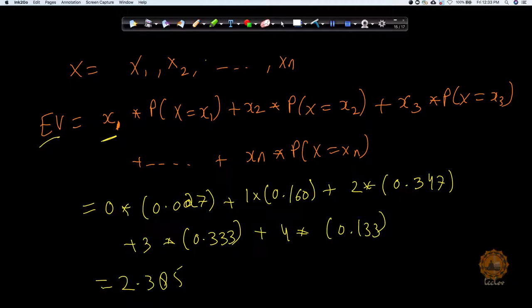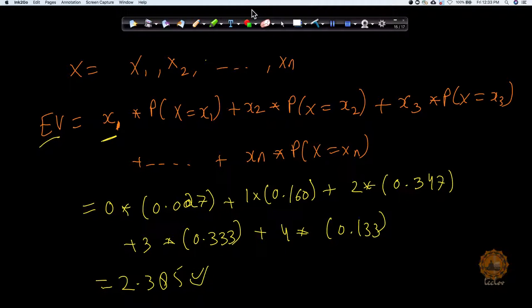So if I put the same values for my last experiment, we got 0 into 0.027, 1 into 0.160, and so on for all the probabilities, and I got my expected value as 2.385. Okay. Now this is the value which you are going to get, right?